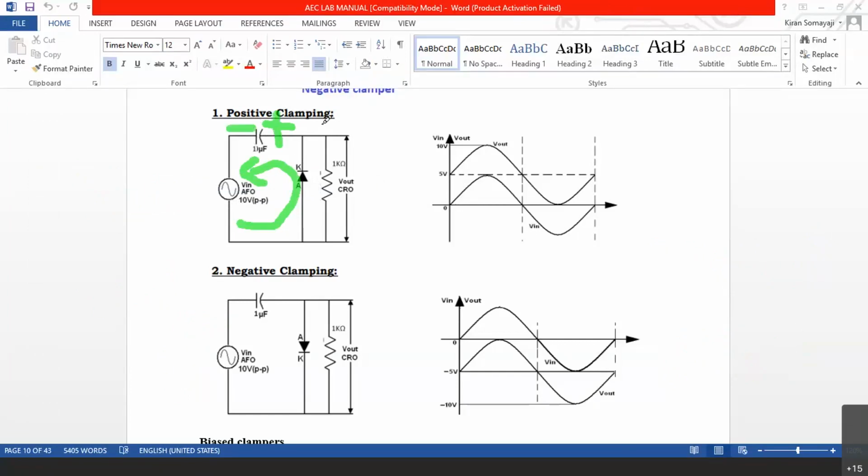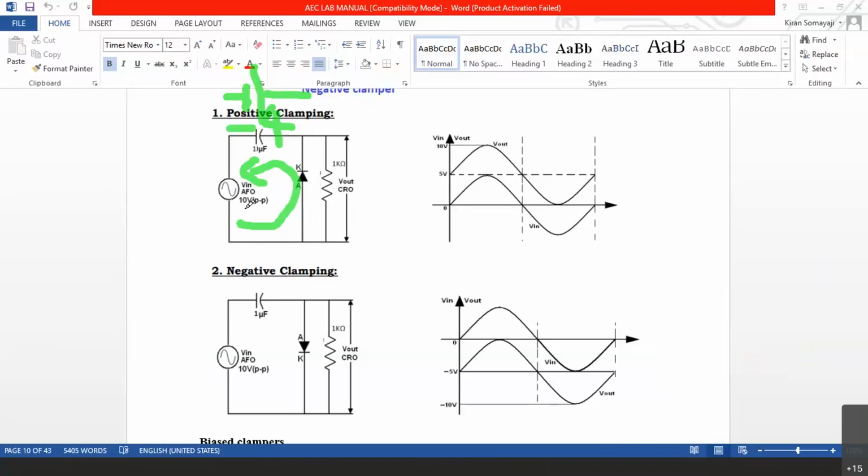Later on, the capacitor remains charged and will work like a battery, which means we will not give the time for the capacitor to discharge through the R, because one more negative cycle will come and charge the capacitor. That's why I was telling T must be much less than tau, or tau must be at least 10 times T. In that case, the capacitor will never discharge, it will hold that charge.